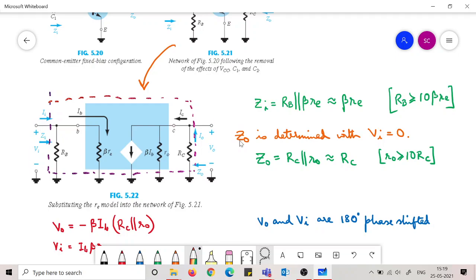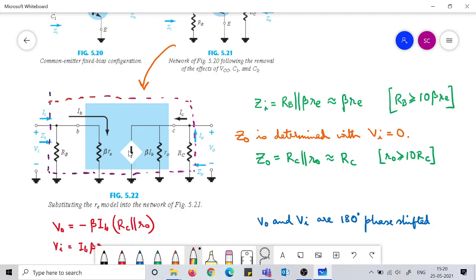Please remember, the output impedance of a two-port network is determined by keeping the input side voltage 0. So Vi is 0. When Vi is 0, you don't have any current flowing in these branches, so Ib is 0. So this current is also 0. This beta Ib, this current source, is 0. Current source being 0 means this branch is not there; this branch becomes open circuit.